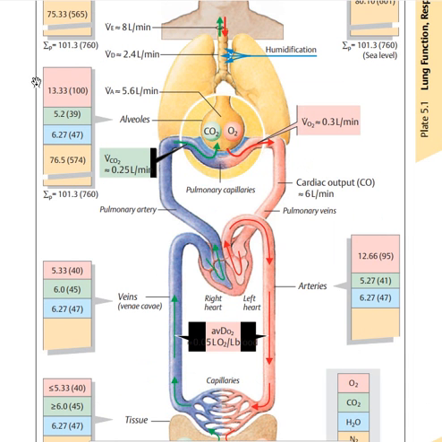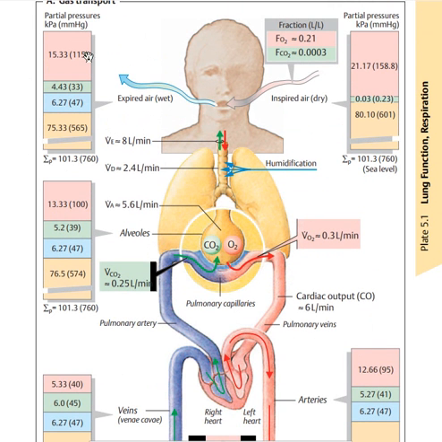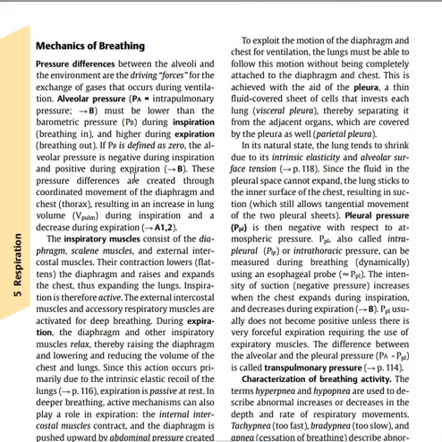In the alveoli, oxygen has a partial pressure of 13.3, carbon dioxide 5.2, water 6.27, and nitrogen 76.5. In the expired air, the partial pressure of oxygen is 15.33, carbon dioxide 4.43, water 6.27, and nitrogen 75.33 kilopascals. So these are the different points.